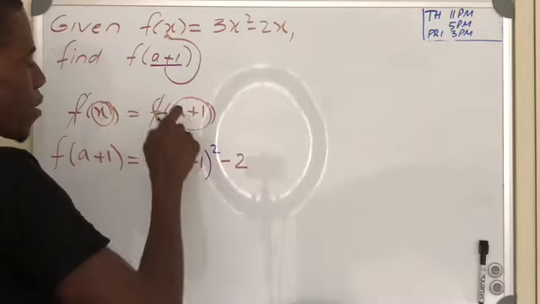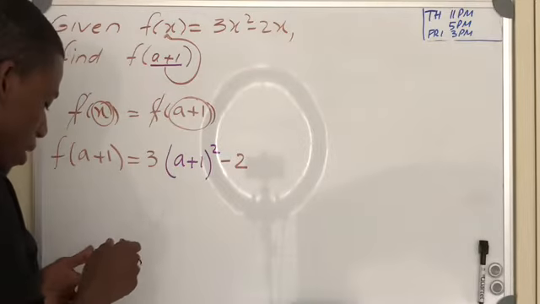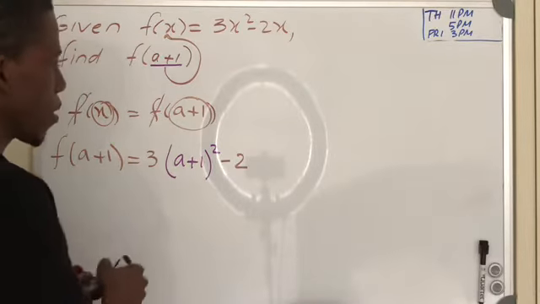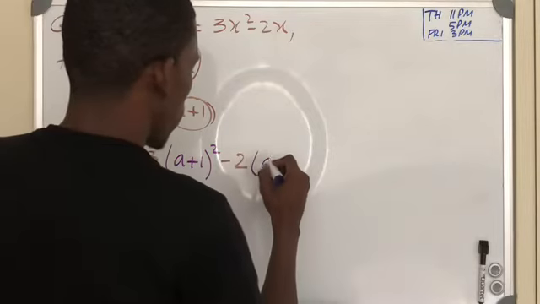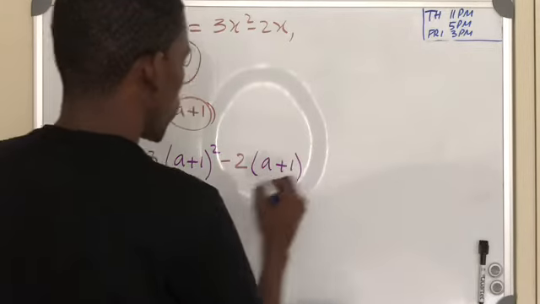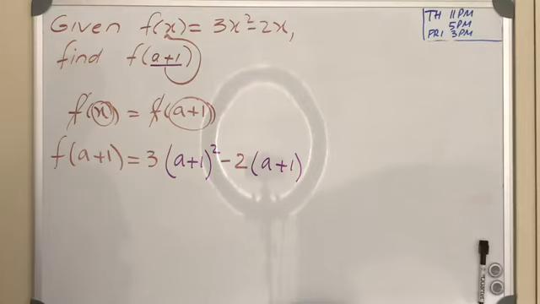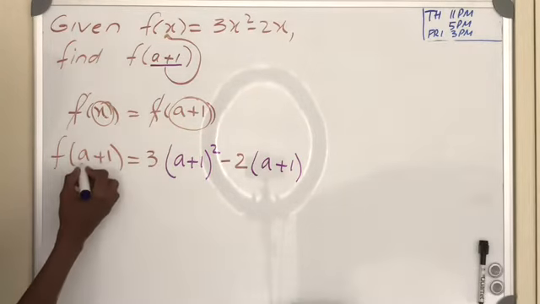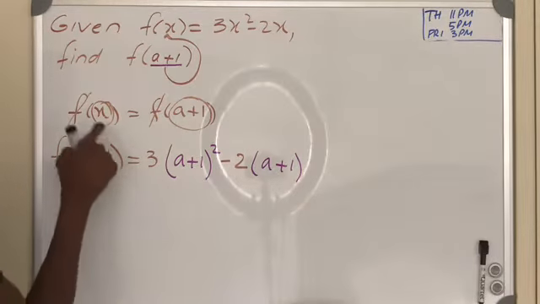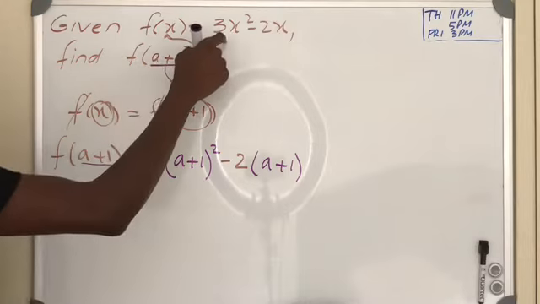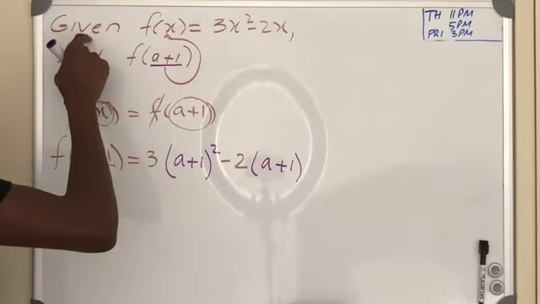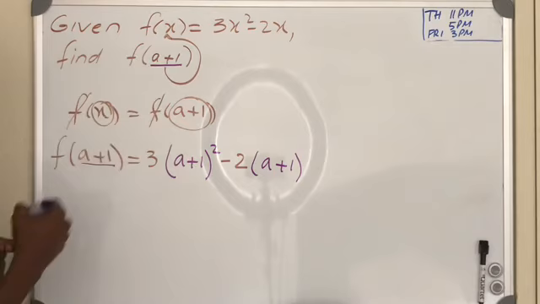I replace this x by a plus 1 again. Because I have a plus 1 instead of x in my given function, I replace it by a plus 1. Then what do I do from there?